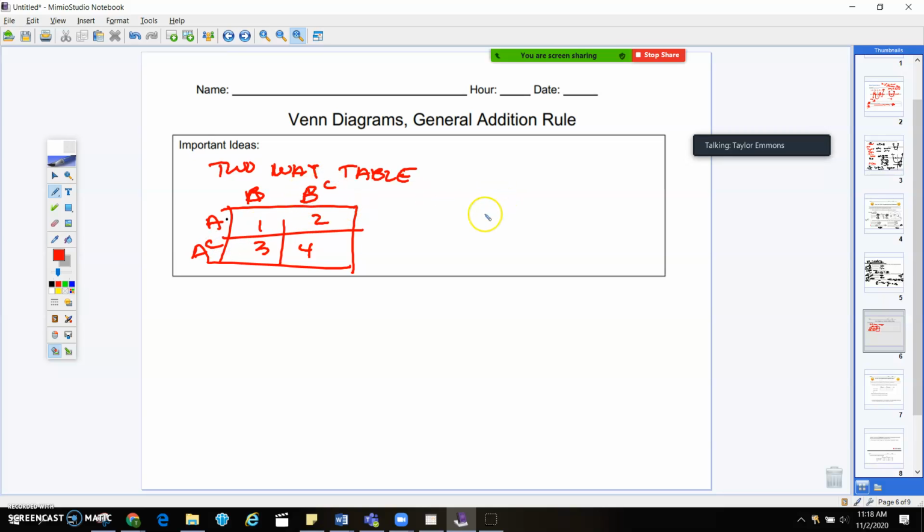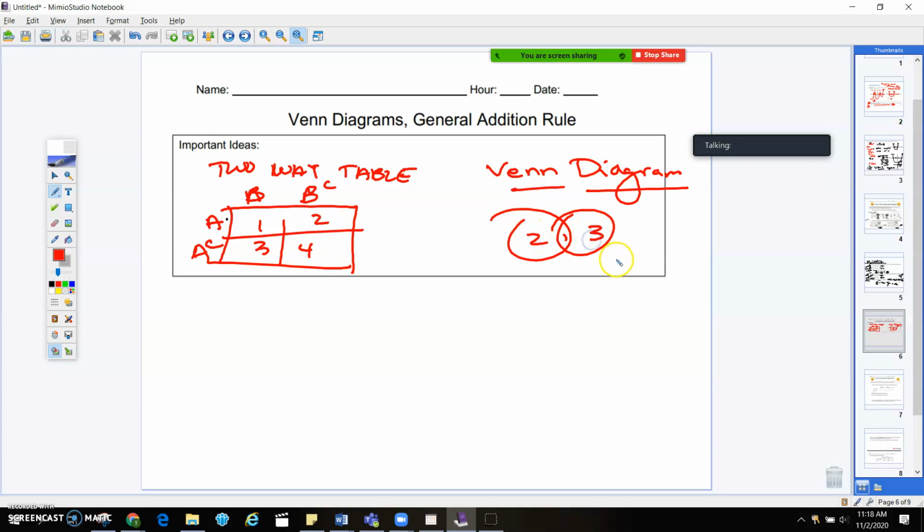That little C is what that naught represents. We also had a Venn diagram. And so we had the 2 circles and where they overlap. Okay, and then the number that was outside was where it didn't have any of those conditions.